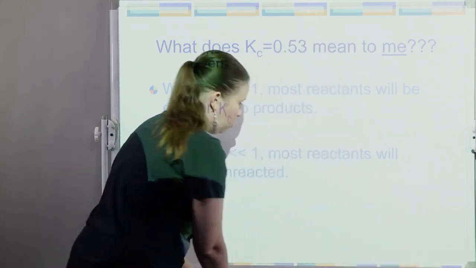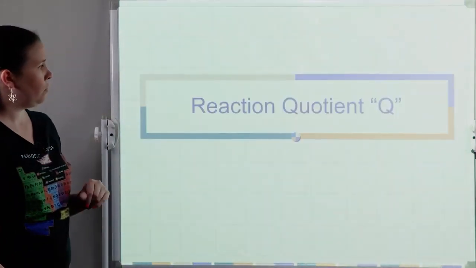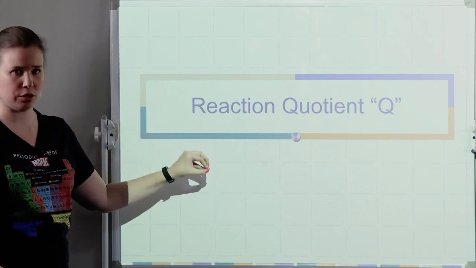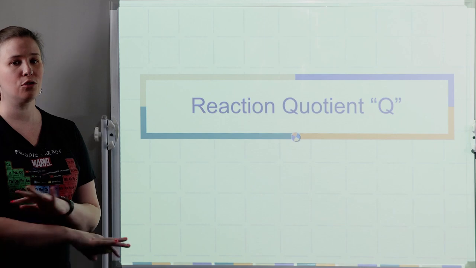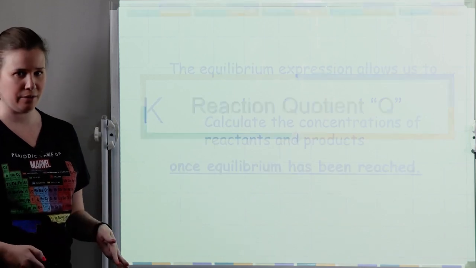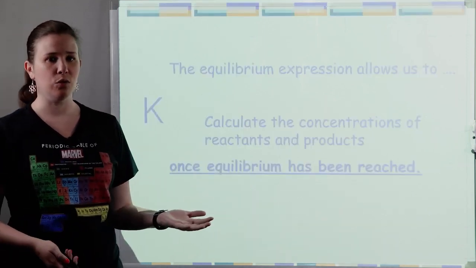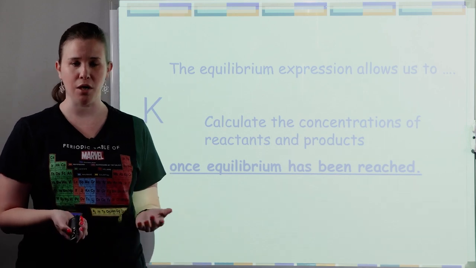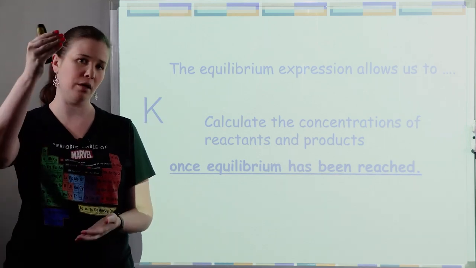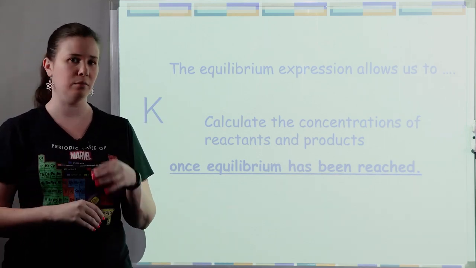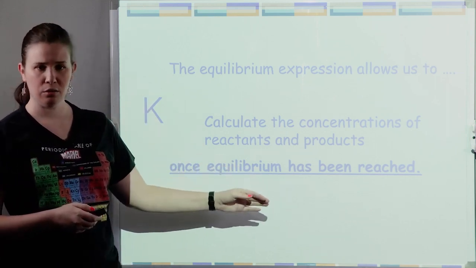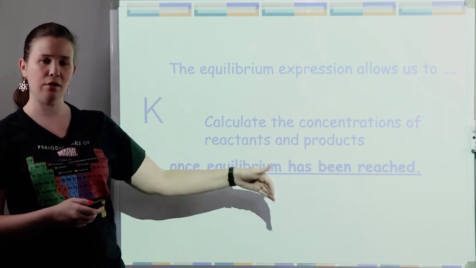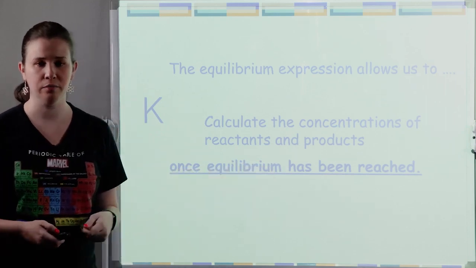We have one more expression called the reaction quotient, and it is very similar to K. K is this ratio of product to reactant, putting product on top, reactant on the bottom, raising it to the exponent. When you calculate K, you're calculating that ratio at equilibrium.